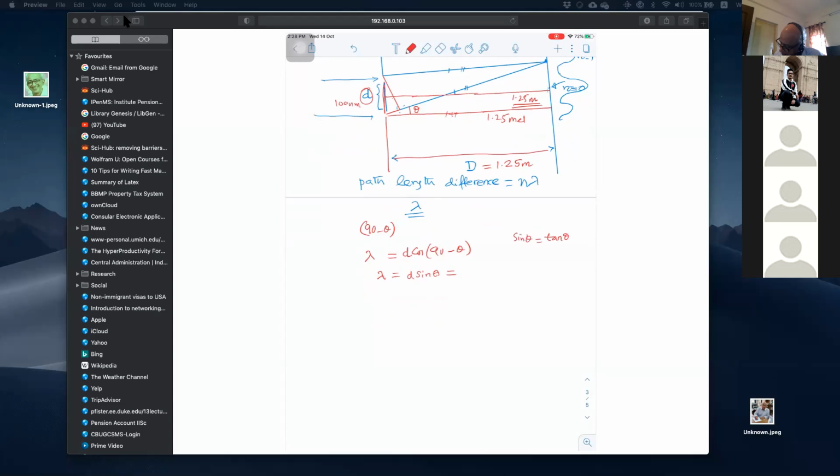Tan theta, as you know, is sine theta by cos theta, but when theta is very small, cos theta is 1. So tan theta is approximately equal to sine theta, and because the angle is very small, you can use this approximation. So how much is tan theta from the figure?